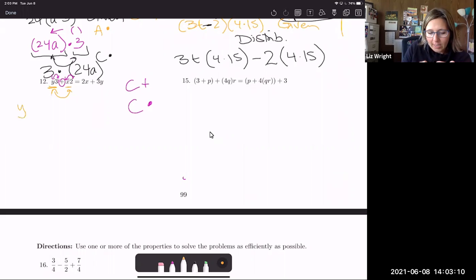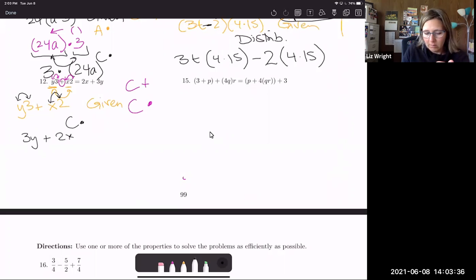So I'm going to write y3 plus x2, and this is my given. I'm going to take care of my commutative of multiplication first. So I'm going to take care of these two. So I'm going to do commutative of multiplication. And that's going to give me 3y plus 2x.